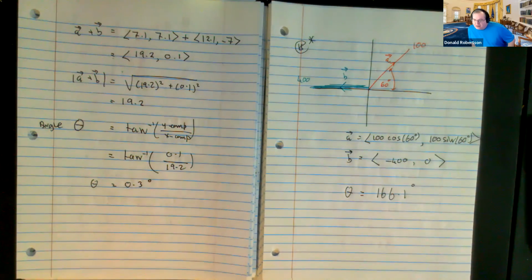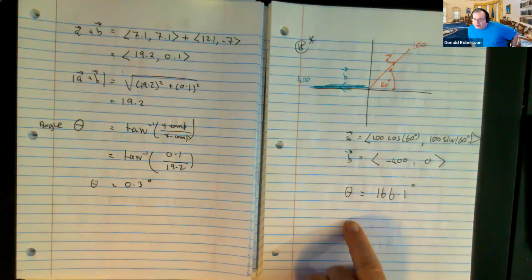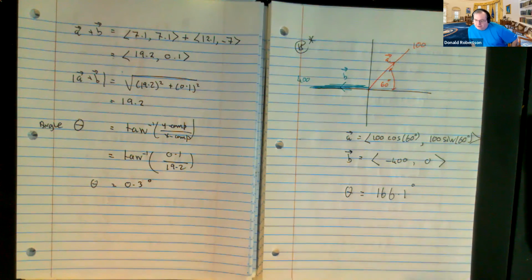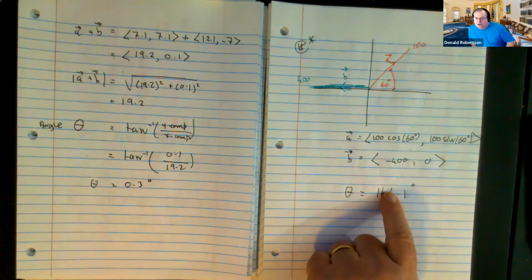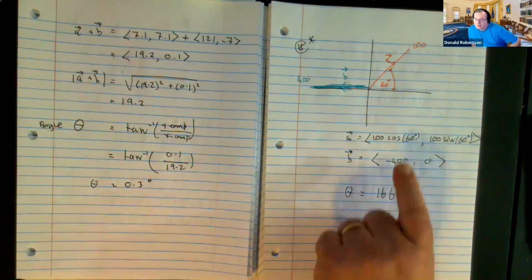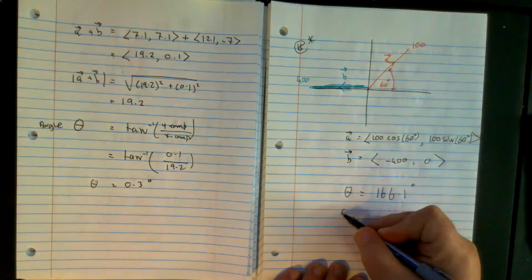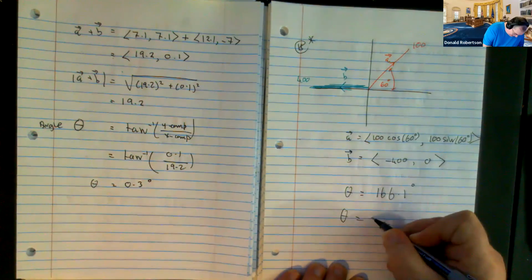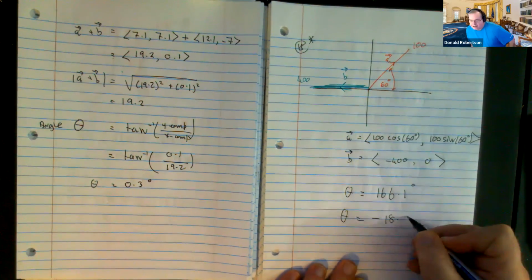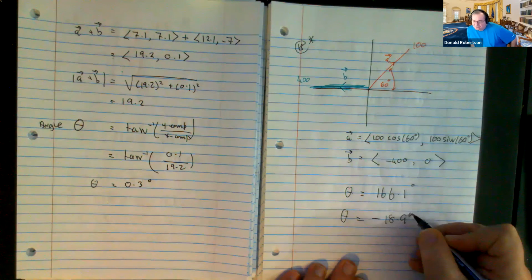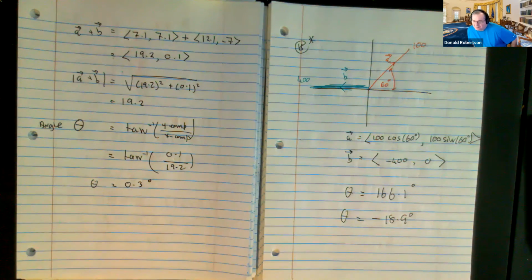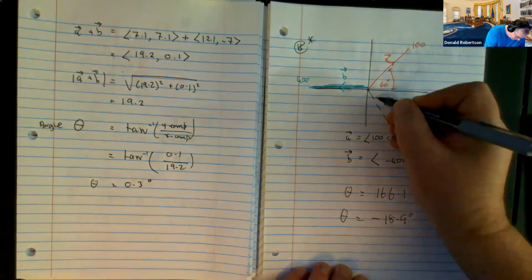If the inverse tan said it was that angle, would that be a good answer and you'd be good to go? Just look at the picture. Does 166.1 look reasonable? Right. If the answer was negative 18.9 degrees, would you be worried? Okay, and if you imagine where that number would be, wouldn't it be down here somewhere?